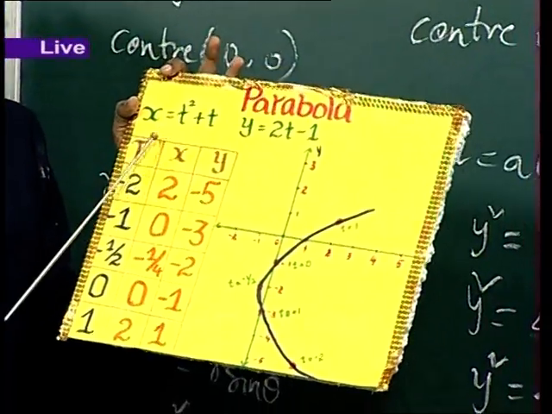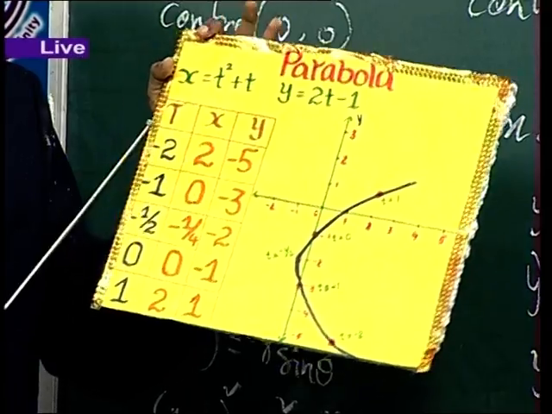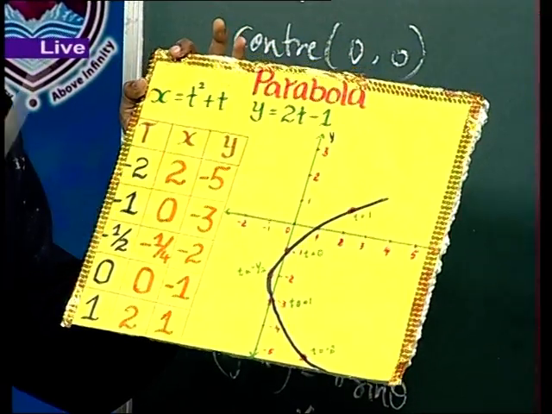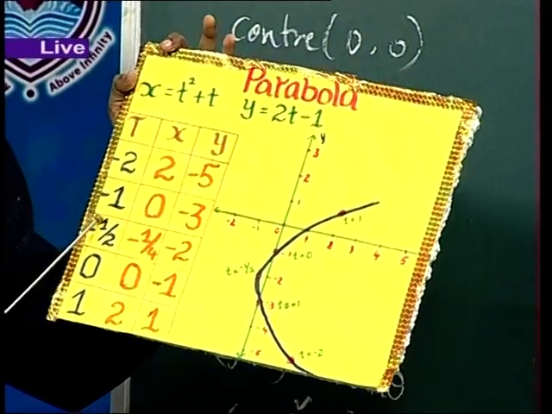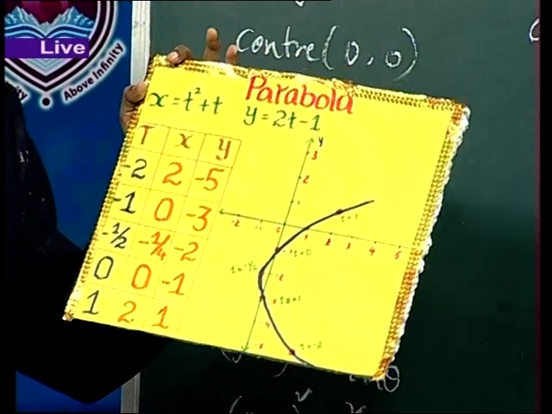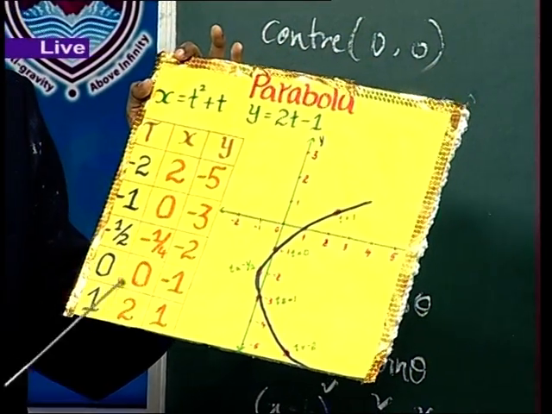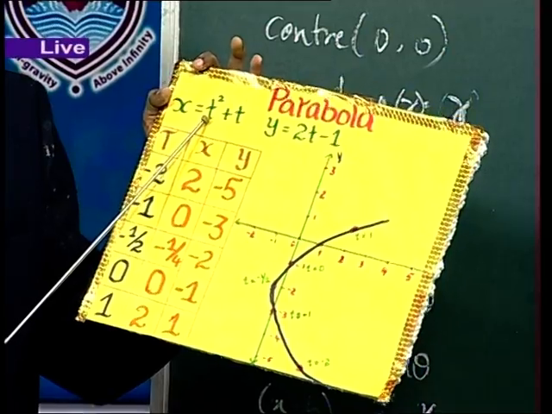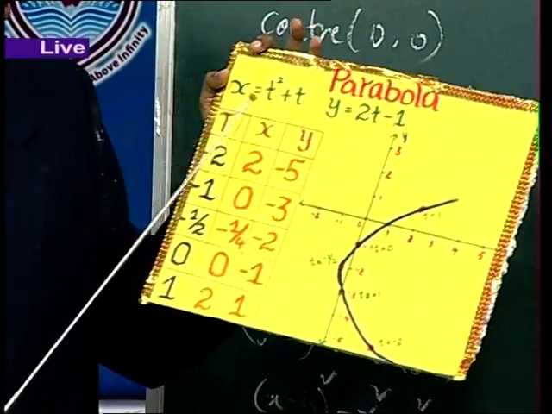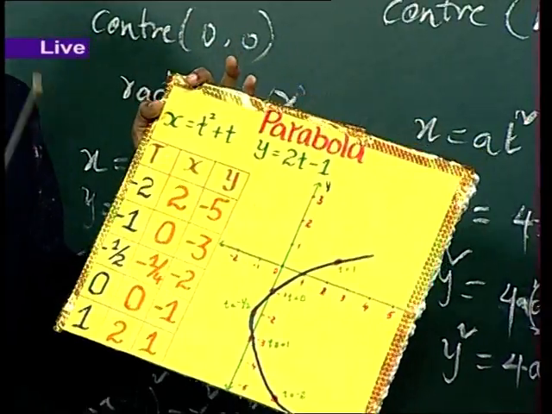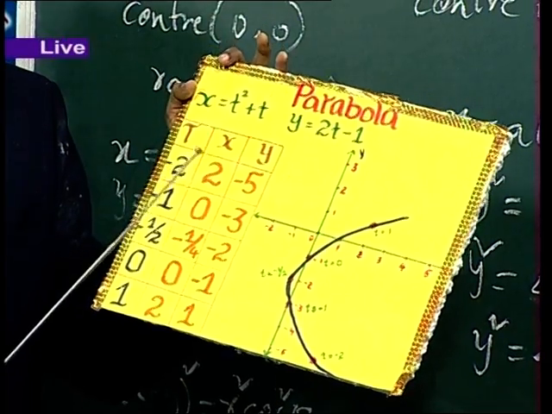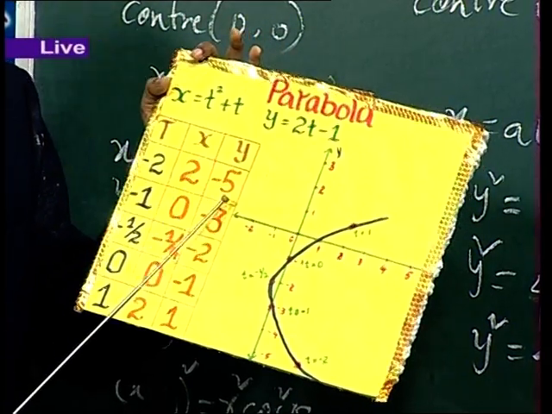By substituting instead of t the values minus 2, minus 1, minus 1 by 2, 0, 1, we get the following. By substituting minus 2 we get the xy coordinates 2 comma minus 5.